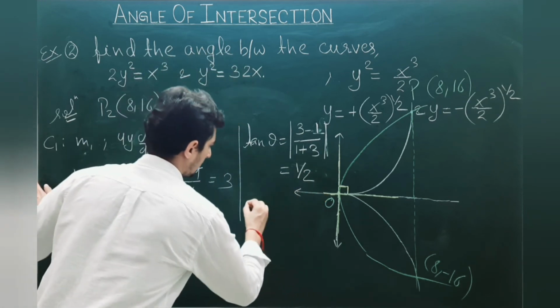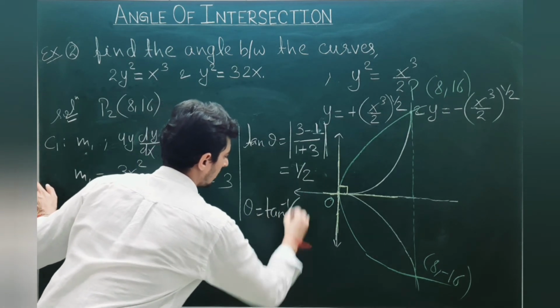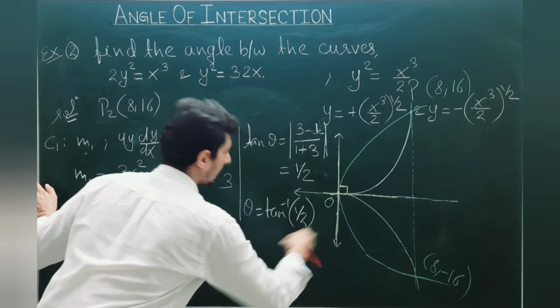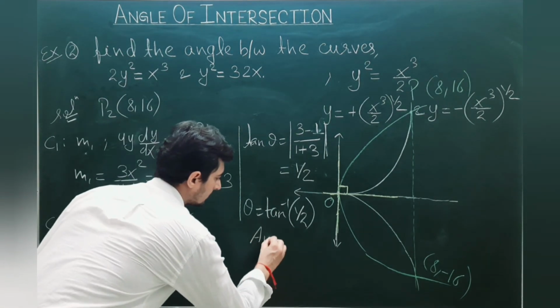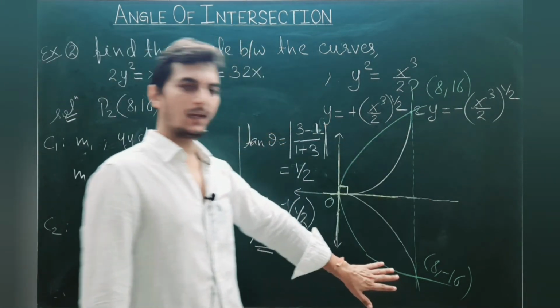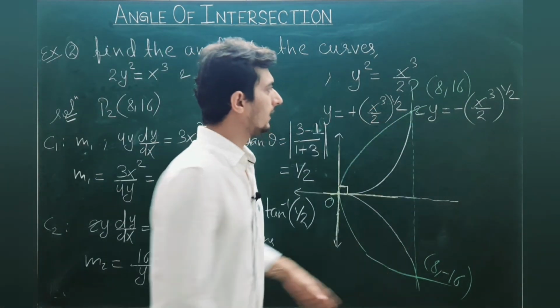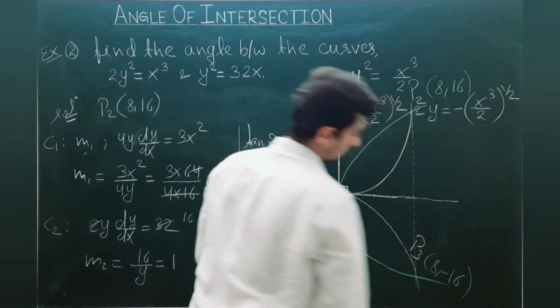So tan theta is 1 by 2, or you can say theta is tan inverse 1 by 2. So this is going to be the acute angle between the curves C1 and C2 at the point P2, and by symmetry I can say that the same angle will be at the point P3 also.